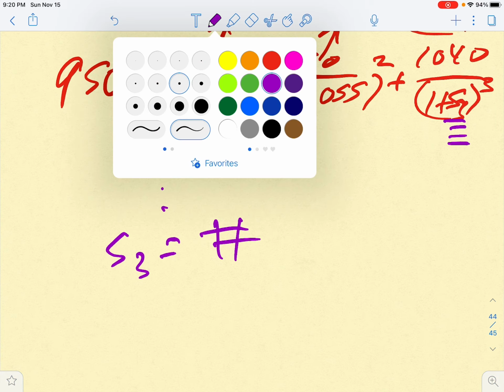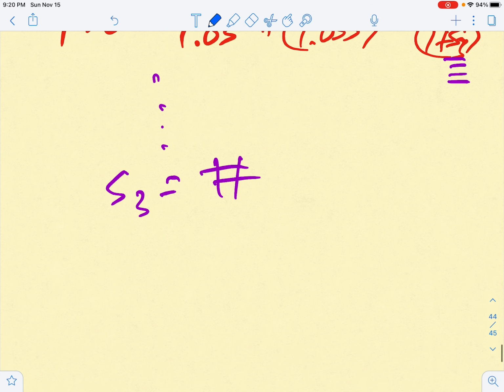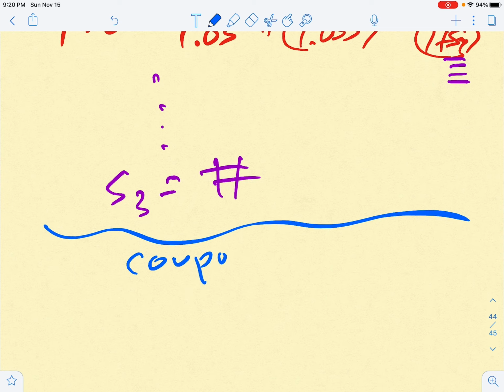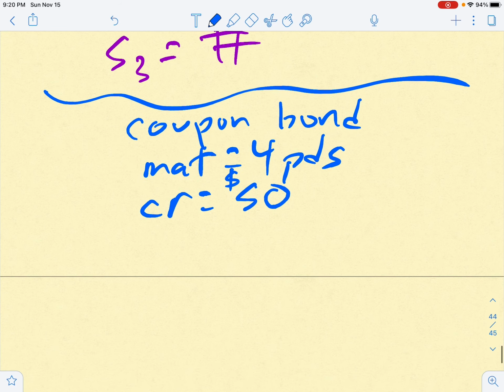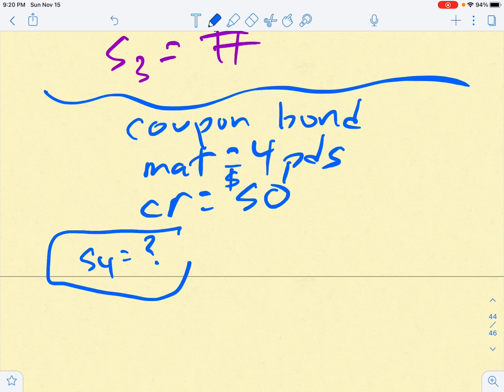For example, suppose there exists a treasury coupon bond with a maturity of 4 periods, with a coupon of $50. We don't know the appropriate value for the 4-period spot rate.